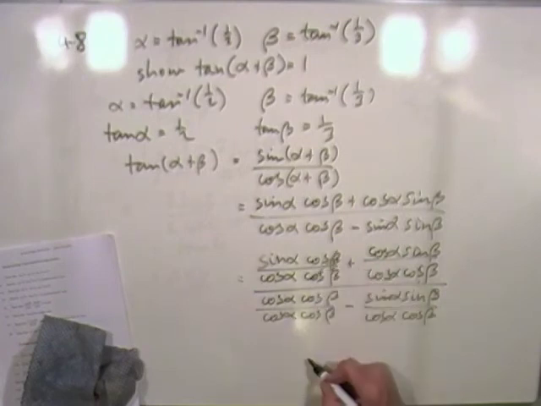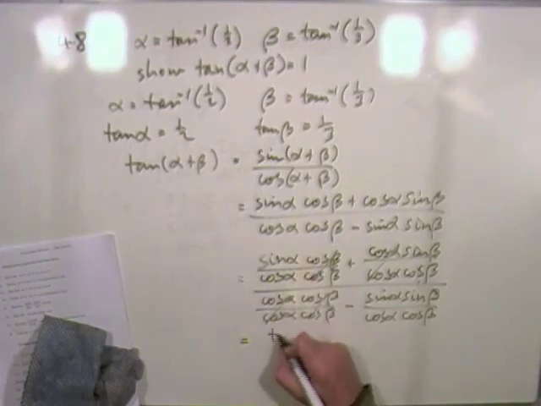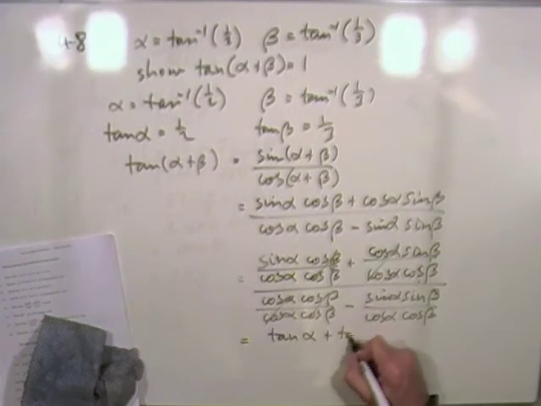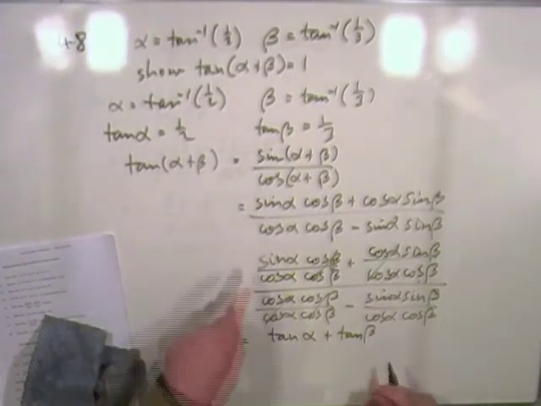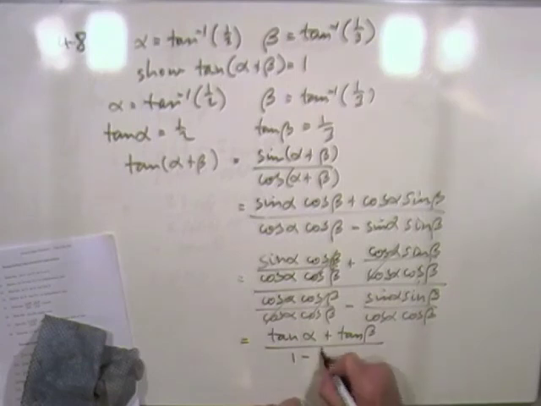So the cos betas will cancel out there, the cos alphas will there, the whole lot there, and in this one nothing cancels out. And that eventually leaves me with tan alpha, such a simple result, tan beta. See that? Tan alpha plus beta turns out to be tan alpha plus tan beta, but divided by, that just cancels to 1, minus tan alpha tan beta.